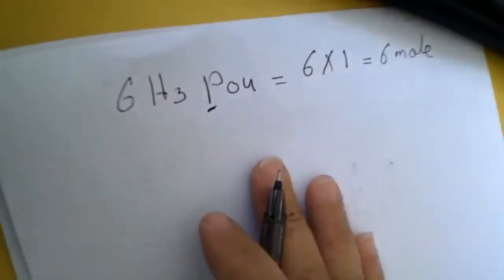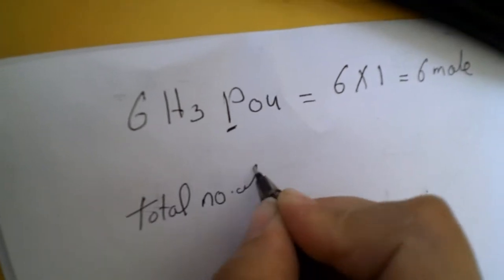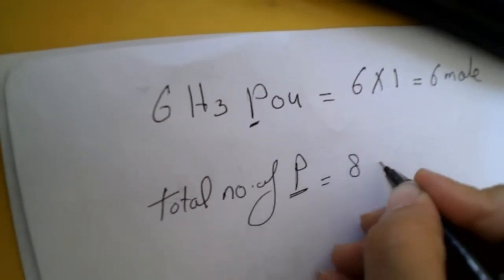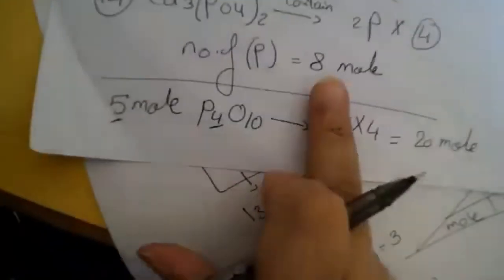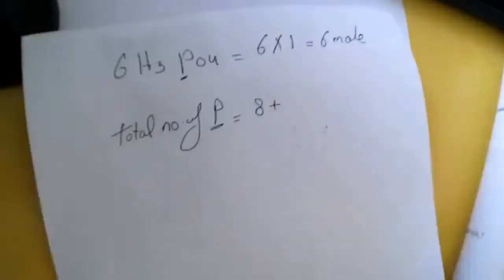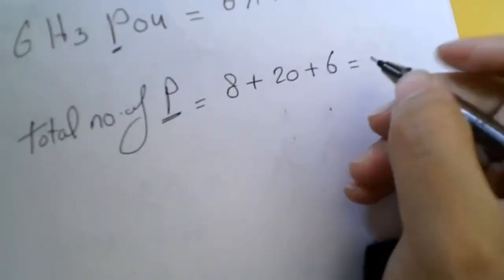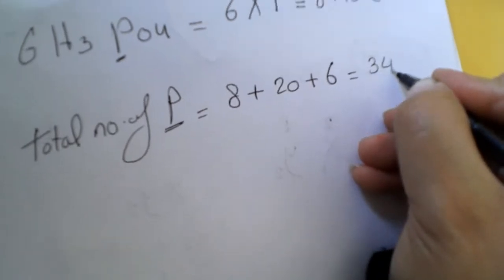So the total number of mole of P equals 8 plus 20 plus 6. It's gonna be 34 mole.